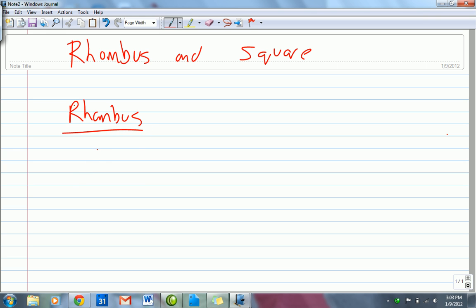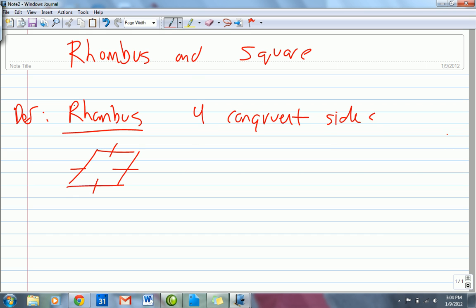We have four congruent sides. Boom, boom, boom, boom, kind of like a diamond almost. We don't need right angles, but all we need are four congruent sides. So the definition: we have four congruent sides. And what that allows us to do is to establish lots of different properties.